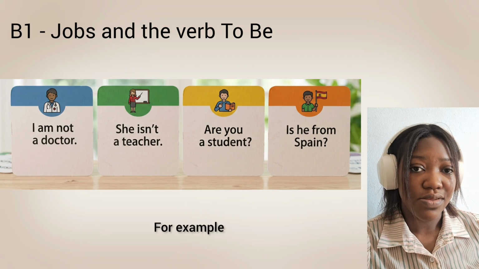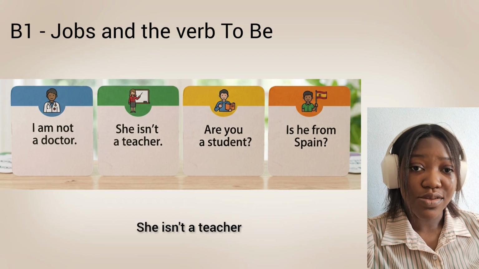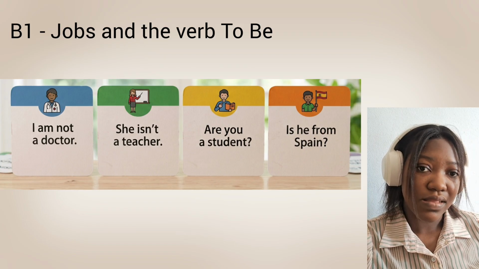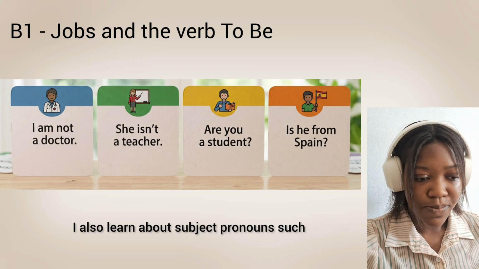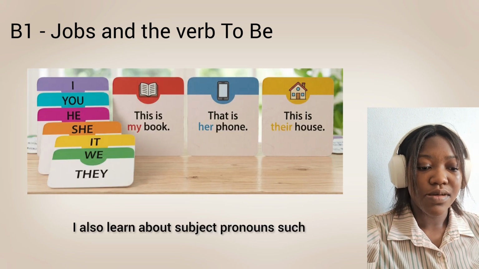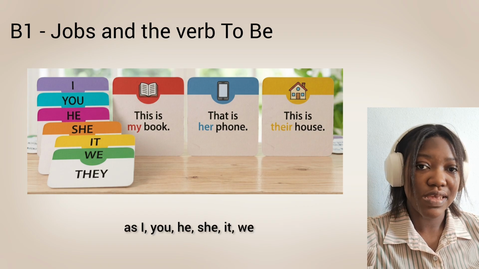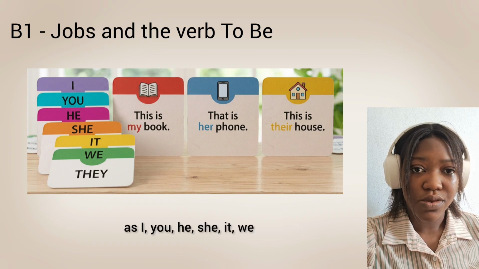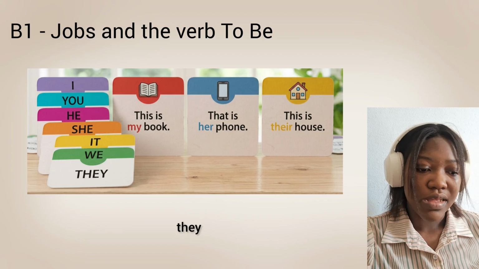For example, I am not a doctor. She isn't a teacher. Are you a student? Is he from Spain? I also learned about subject pronouns such as I, you, he, she, it, we, you, they.